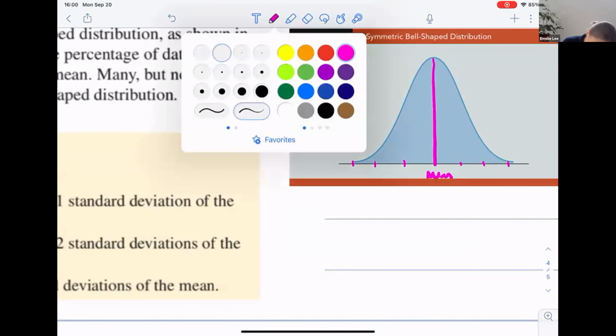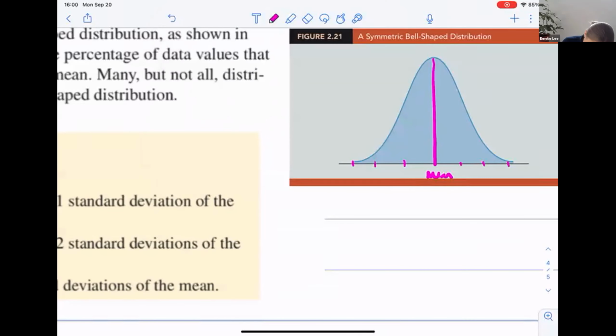What it's saying is that between here and here, so 1 standard deviation, mu minus sigma and mu plus sigma, we have 68% of the data. That's a good chunk. So we're expecting about 68% of our data points to have a Z-score of between -1 and 1.